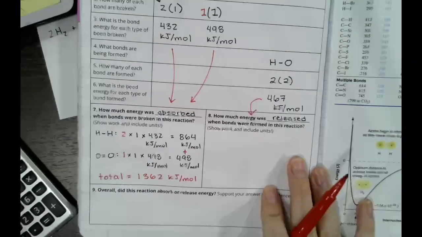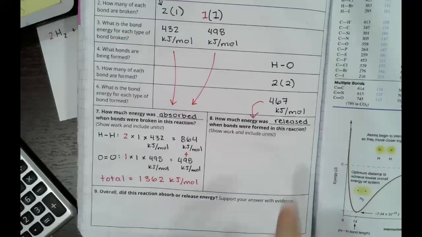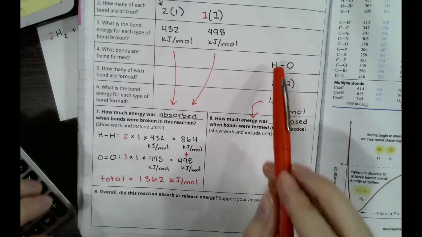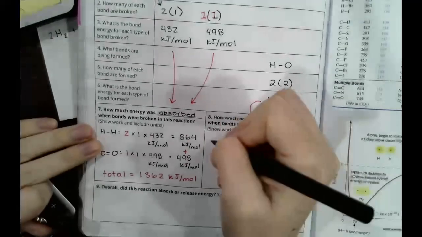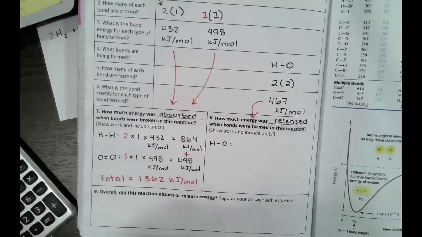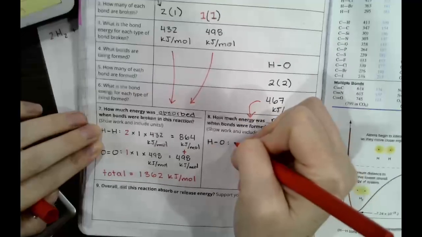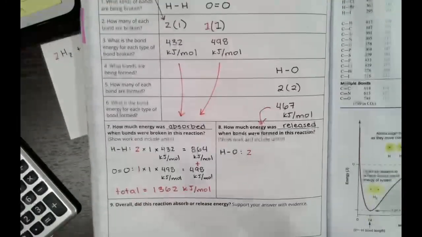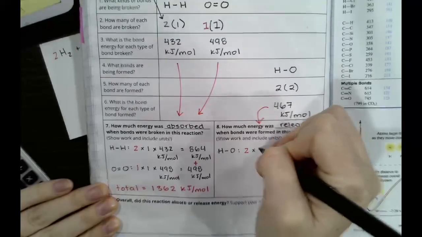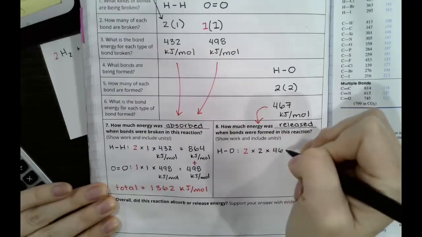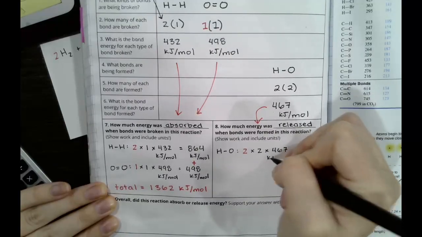Well, let's take a look. On this side, we've got only one type of bond, hydrogen to oxygen, to think about. We've got 2 molecules of that, and each molecule has 2 of those hydrogen to oxygen bonds. And each one of those bonds takes 467 kilojoules per mole to break.